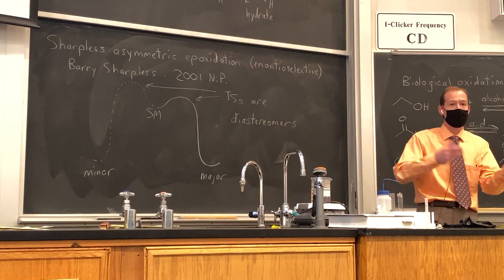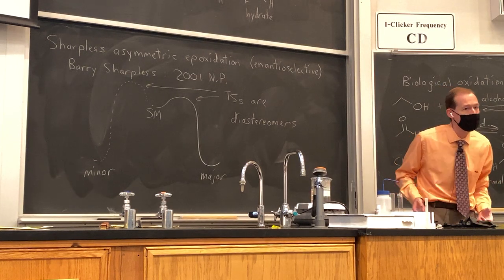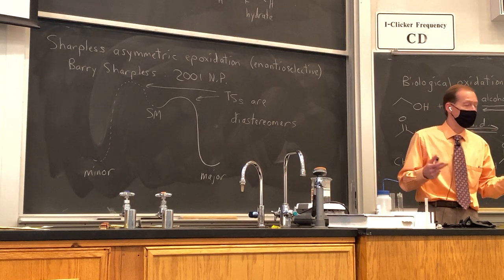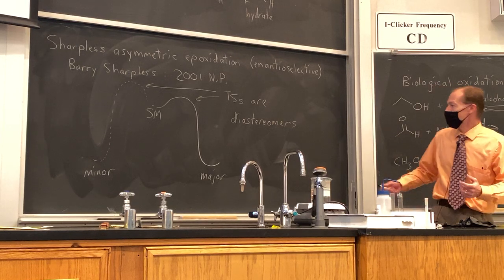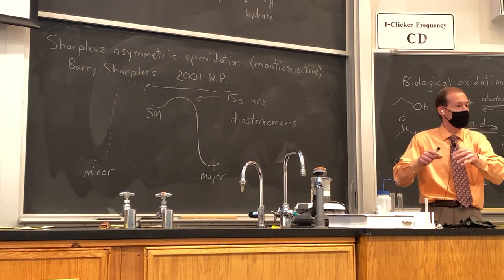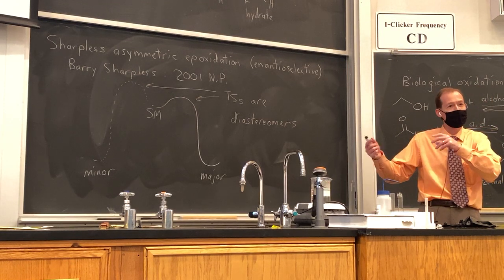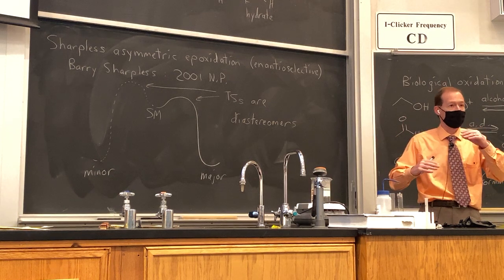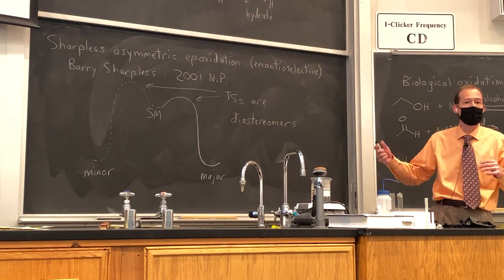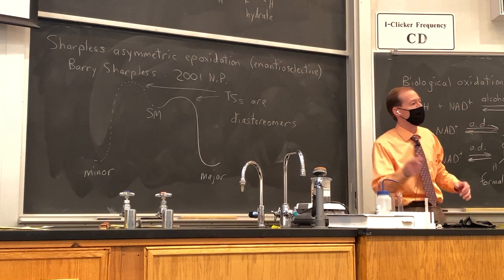We can have one more stable than another. We've seen this with alkenes. Cis and trans alkenes are diastereomers of each other, and they have different energies. So our different transition states that are now diastereomers of each other because of the effect of the chiral catalyst have differences in energy. And so the reaction proceeds predominantly through the lower energy pathway, giving us a major enantiomer.